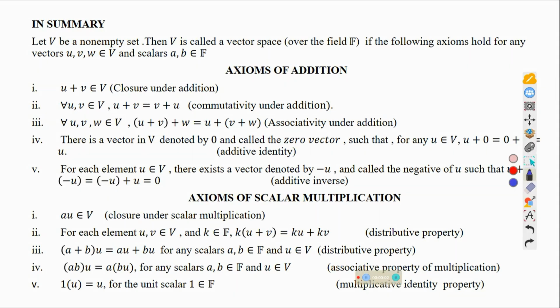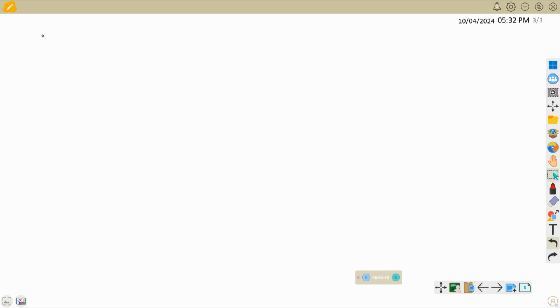Now, in order to prove axiom number 8, you need two scalars, a and b, and one vector. So you need to prove that (a plus b) times u is the same as a times u plus b times u. So we shall consider x picked from R to the power n.